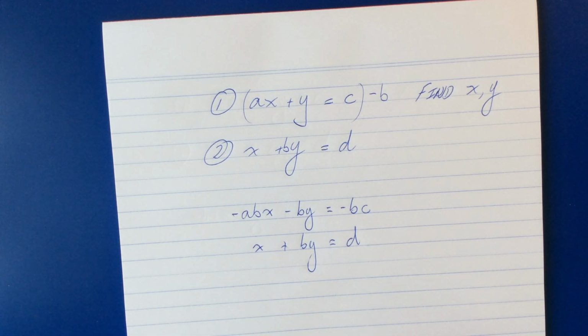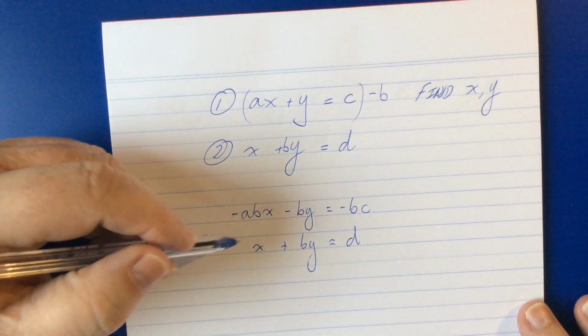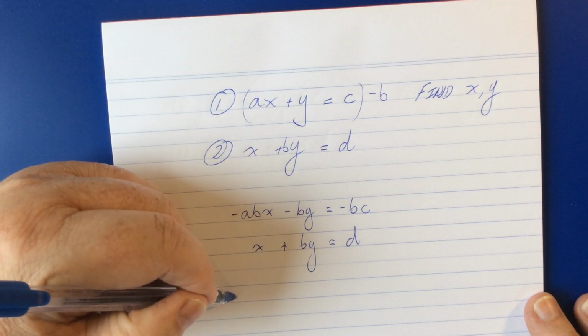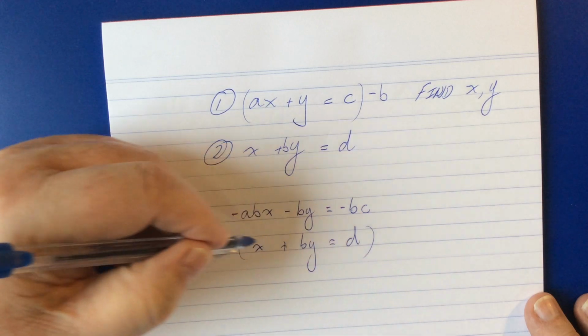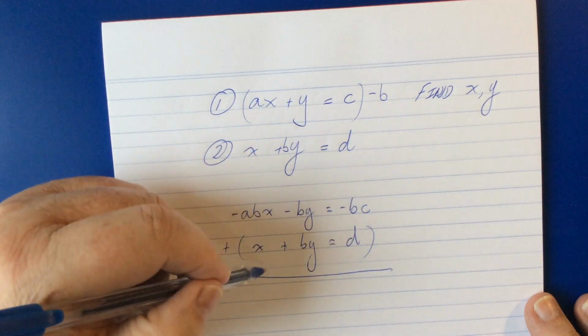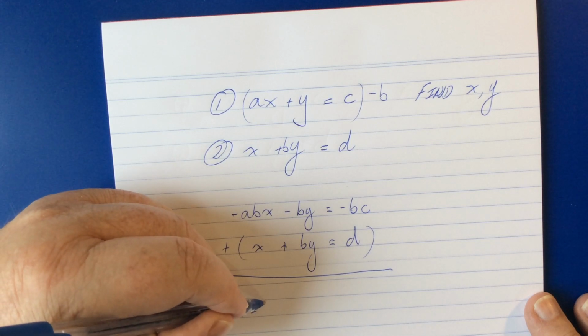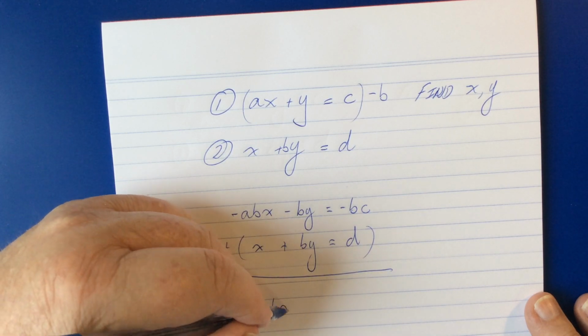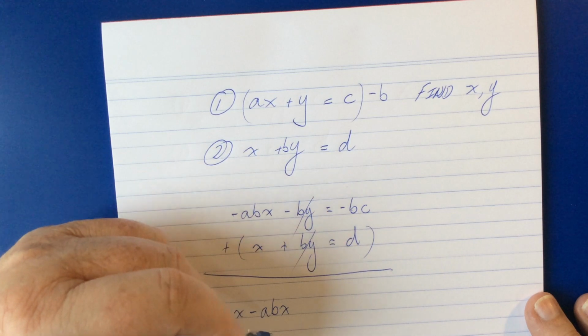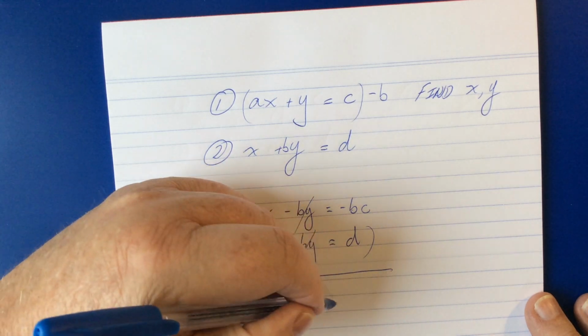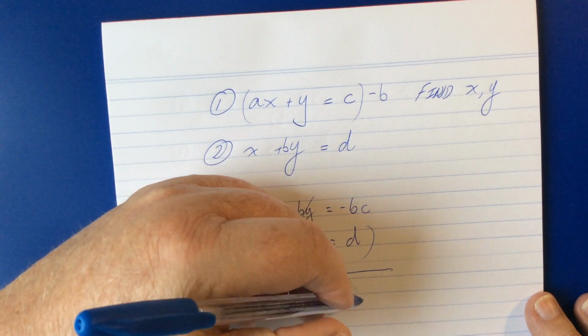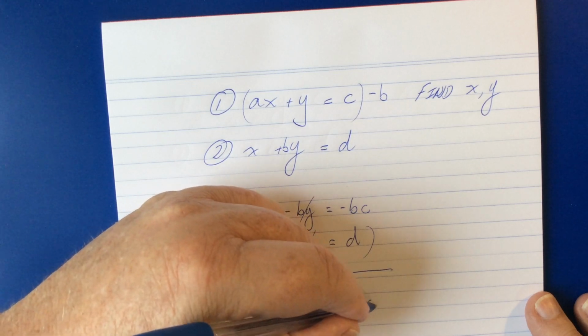The addition that I'm going to do might seem a little odd, but it is entirely in obedience to the rules of algebra. So I'm going to add this to this, and this is what I get. x minus abx, these disappear, is equal to d minus bc.